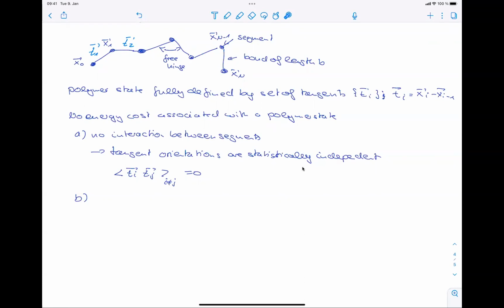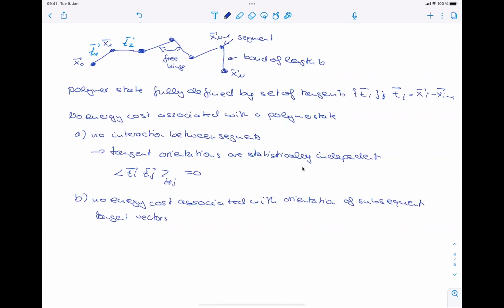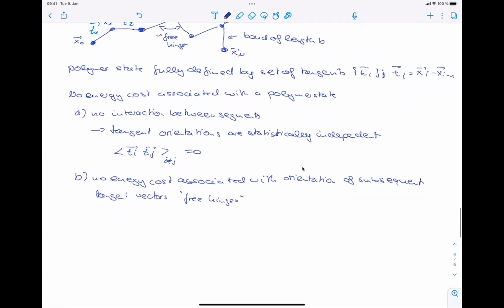But here, as I said, we have the very flexible, and there's no energy cost associated with the orientation of subsequent tangent vectors. This is the free hinges that I refer to.